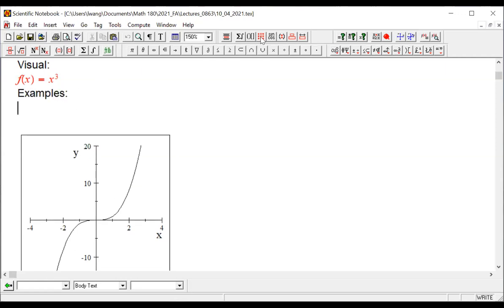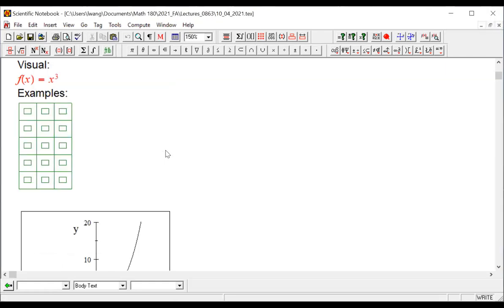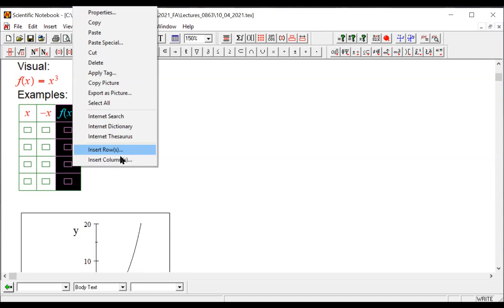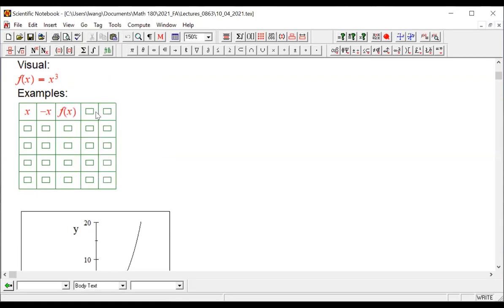Okay, so we're going to do this table again. I'm going to give you the x. You're going to figure out the negative x, f of x, and f of negative x, and then you're going to compare.